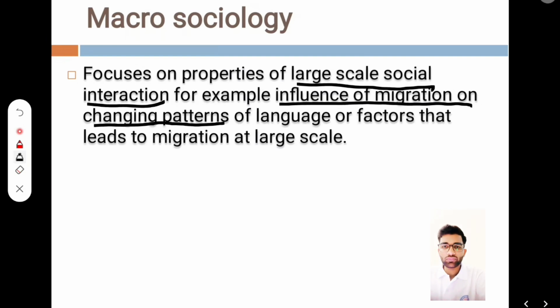They migrate from one city to another city, one state to another state, or from one country to another country. The influence of migration on changing patterns of language, and factors that lead to migration at large scale.